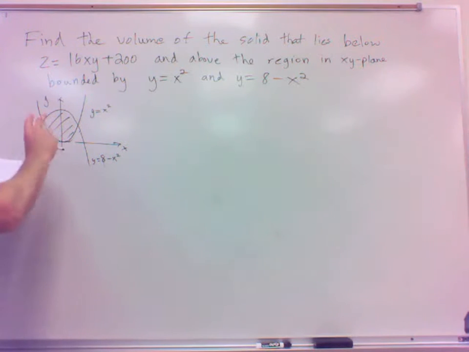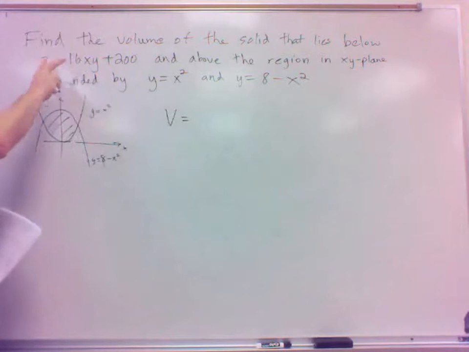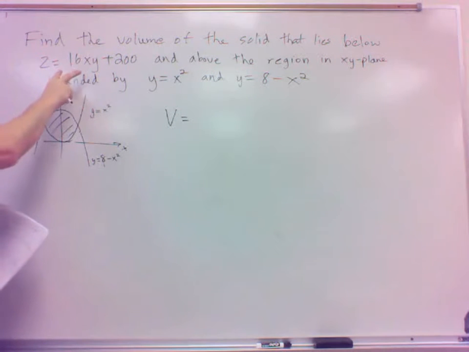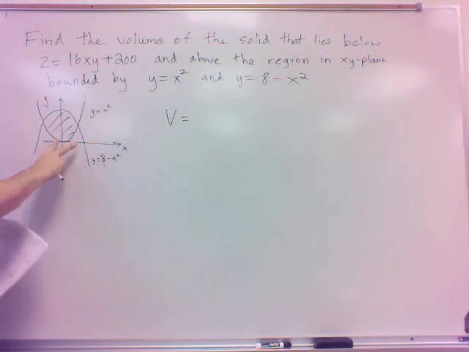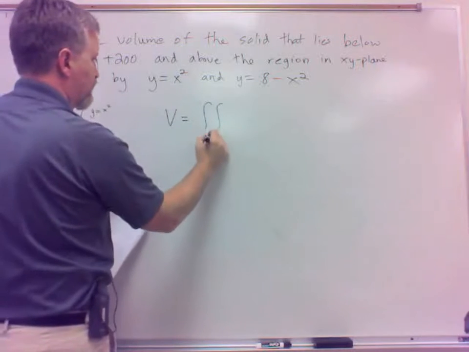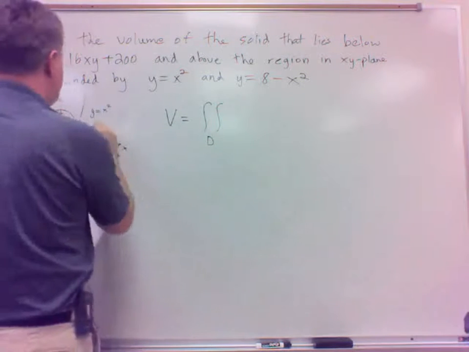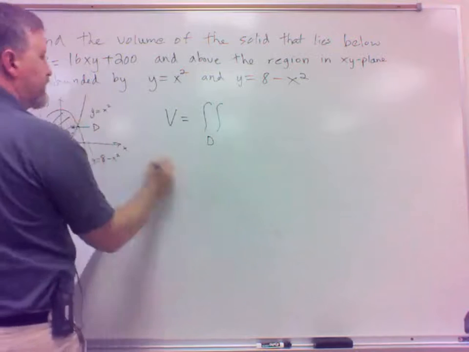All right, so what we found is that we can find the volume between an f of xy surface and a region in the xy plane by doing the double integral over whatever that area is, D. That's our area D here.